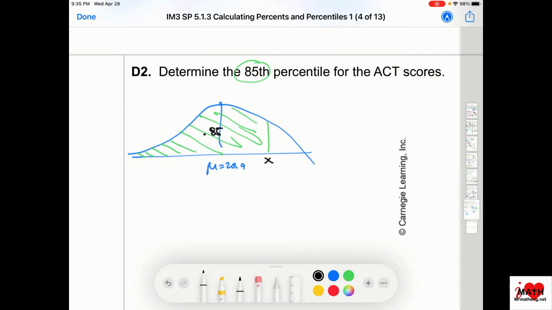So if I use my TI83, that means I'm going to use inverse norm, and we're going to use PMS. So percent is 85, comma, mean 20.9, and standard deviation of 4.8.